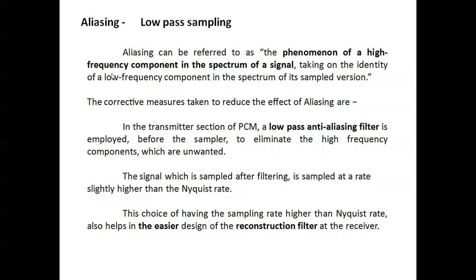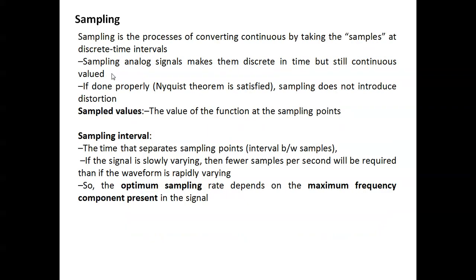Choosing a sampling rate higher than the highest rate also helps make the design of the reconstruction filter at the receiver easier. So we saw what sampling is: the sampling value is the value of the function at the sampling points, and the sampling interval should be fixed. The optimum sampling rate depends upon the maximum frequency component present.